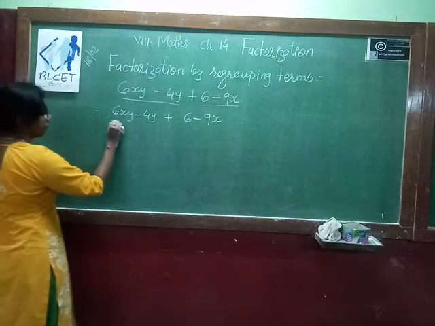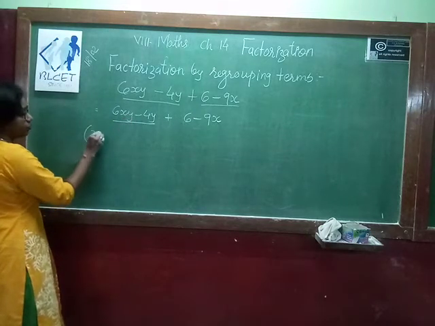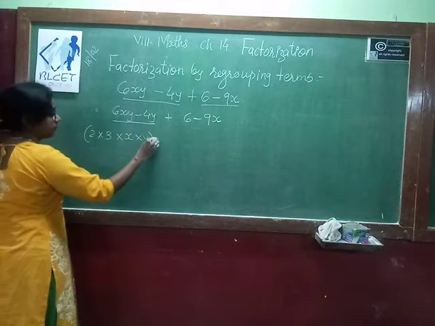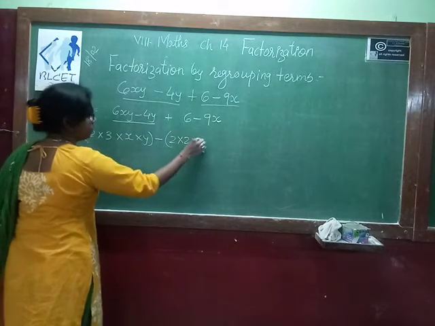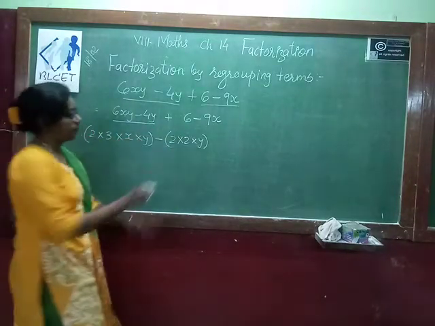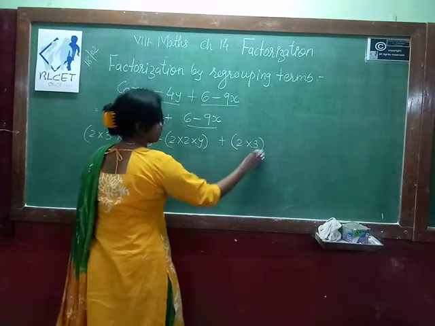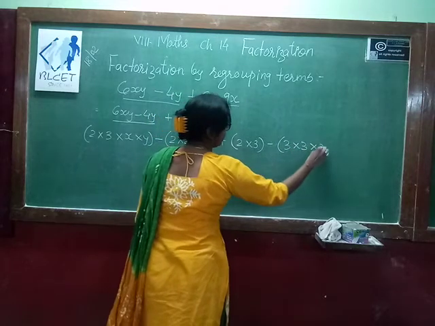Now we find the factors. 6xy is 2 into 3 into x into y, minus 4y, which is 2 into 2 into y. The second group is 6 minus 9x, so 2 into 3 minus 3 into 3 into x.